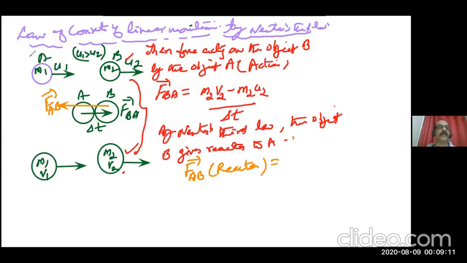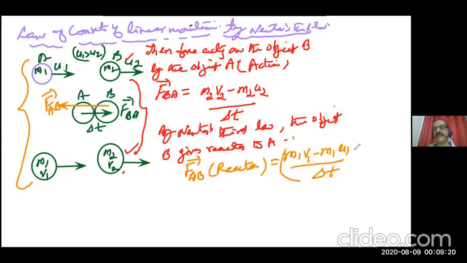Then the momentum of A will change: M1V1 minus M1U1 divided by delta T. This is the reaction. That is minus. By Newton's third law, minus will come. Equal and opposite reaction.